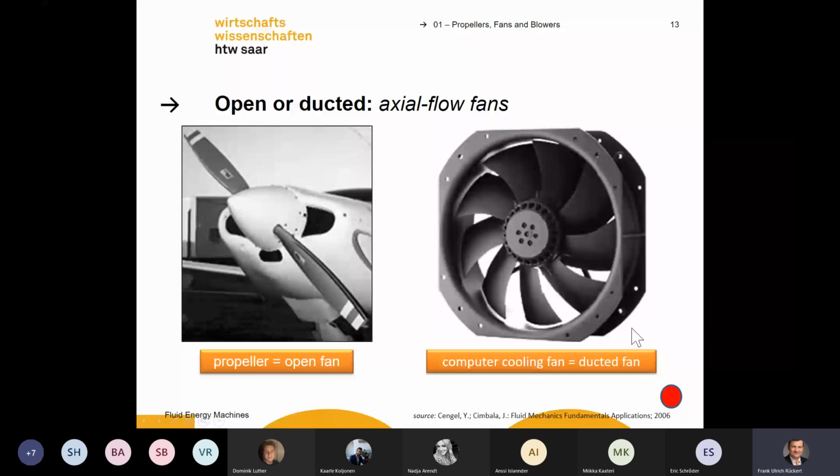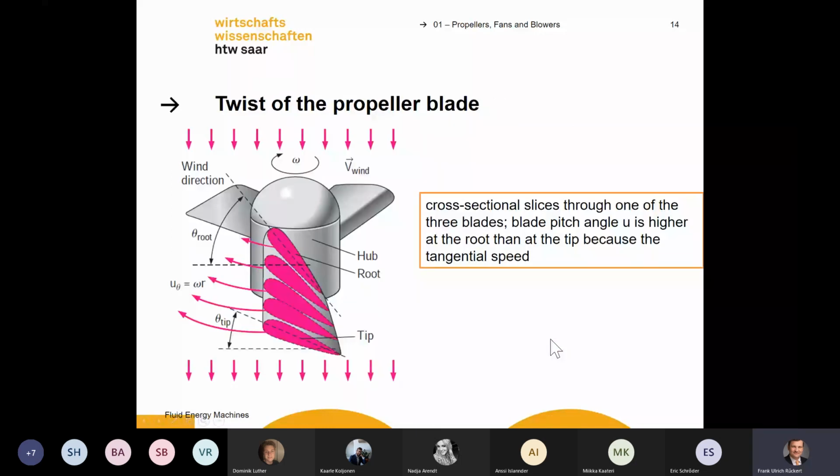And I will come to this point a bit later, because the efficiency is much higher if you have a duct than if you don't have a duct. So if you can use this duct around your fan, you can raise efficiency very much.